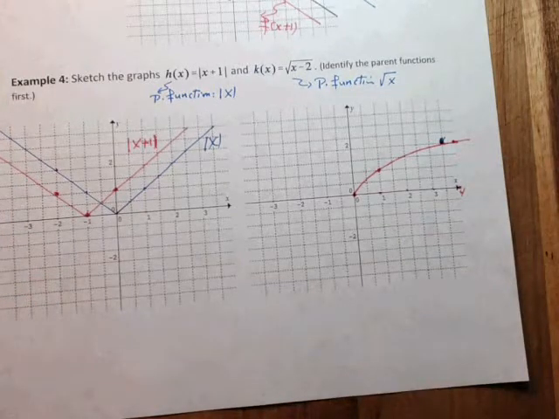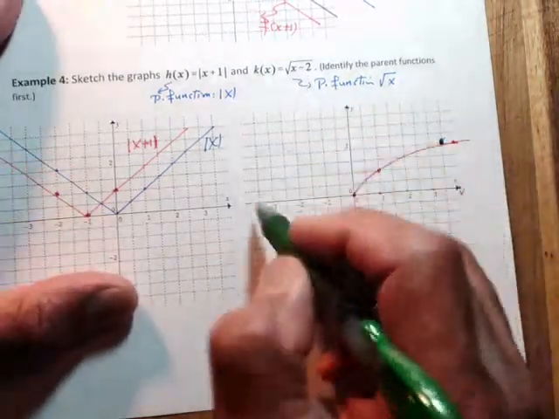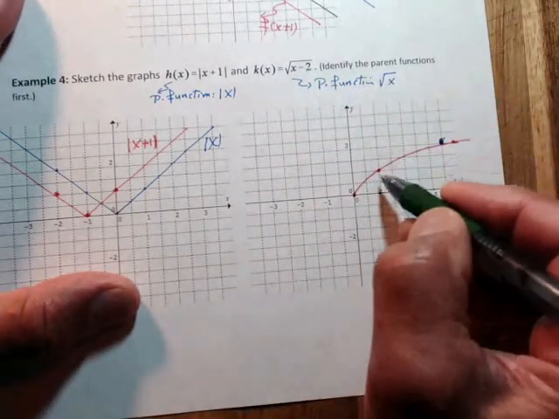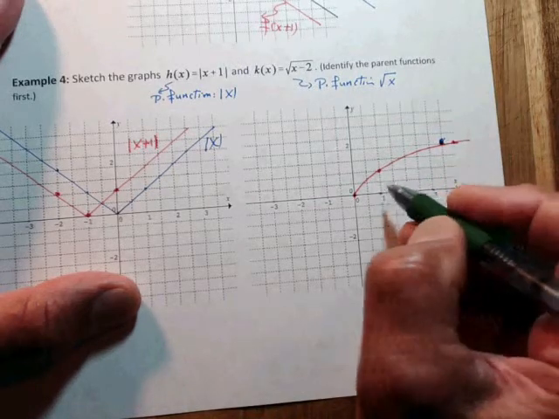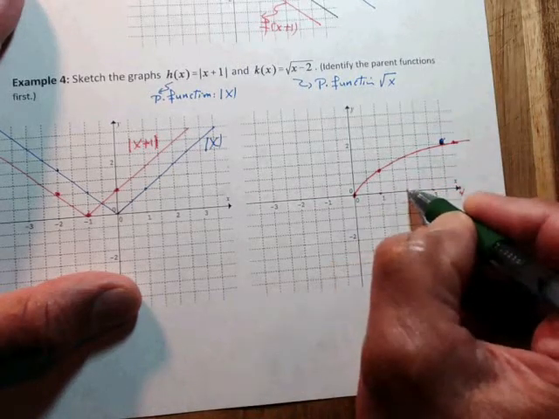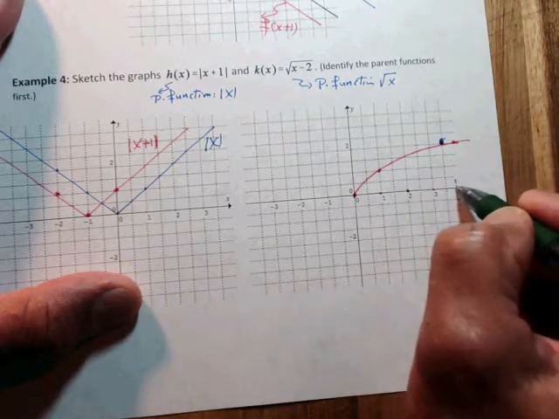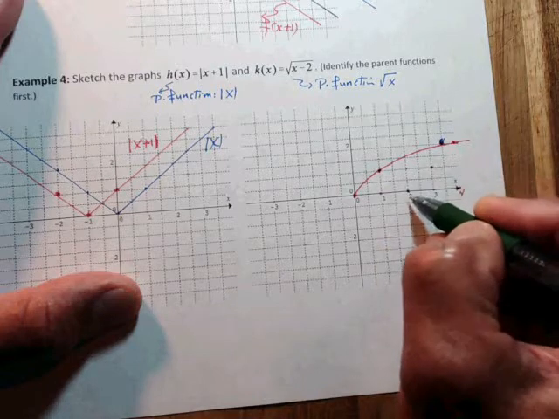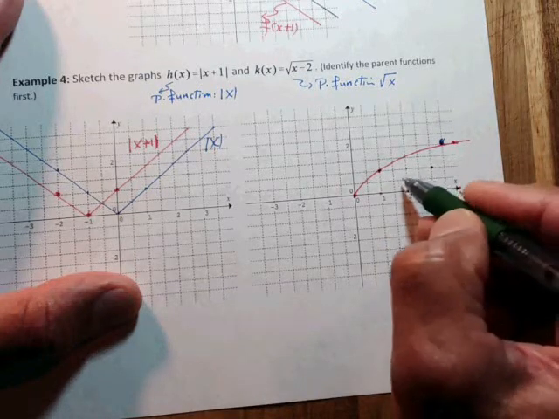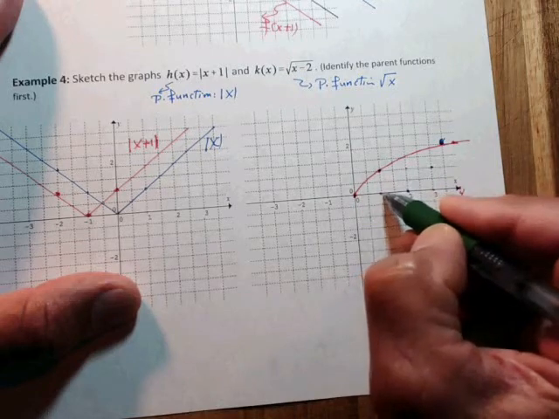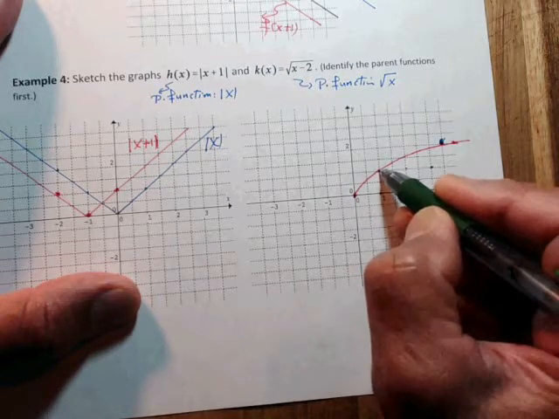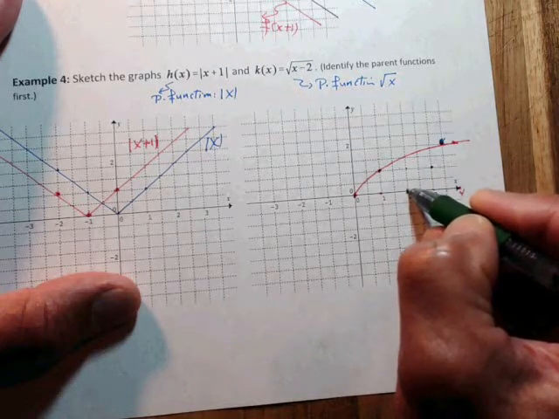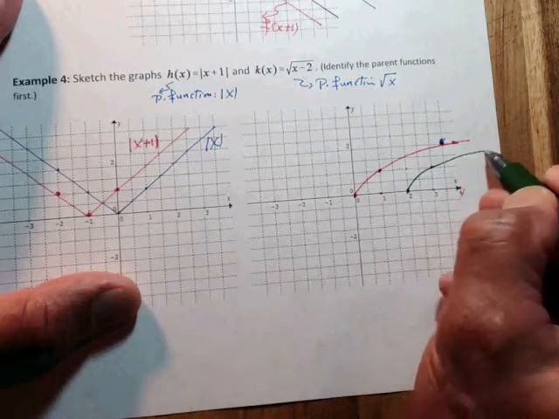Now if you want to move it to the right 2 units, oh boy, I don't have room here. So I have to move this red curve 2 units to the right. This point goes here, and this point goes there, and this point goes 1, 2. And yeah, it looks like that.